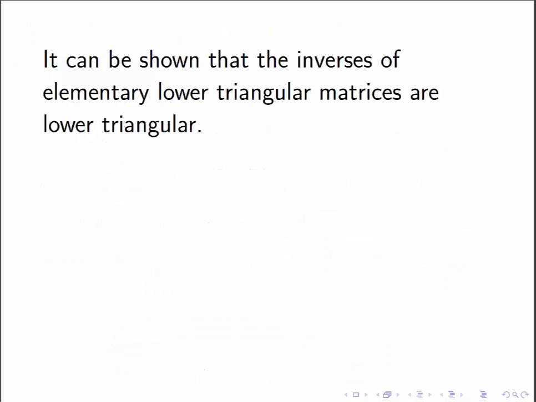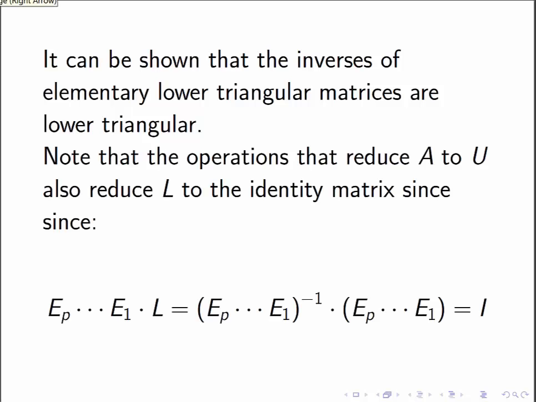All right, so it can be shown that the inverse of all elementary lower triangular matrices are lower triangular, and we will note that the row operations that reduce A to U will also reduce L to the identity matrix. I'm just noticing here that I have a typo, this should not be inverse.